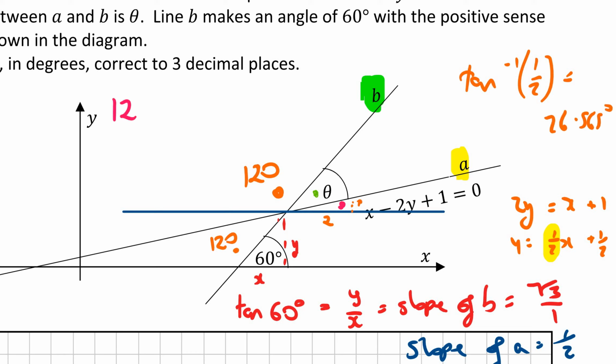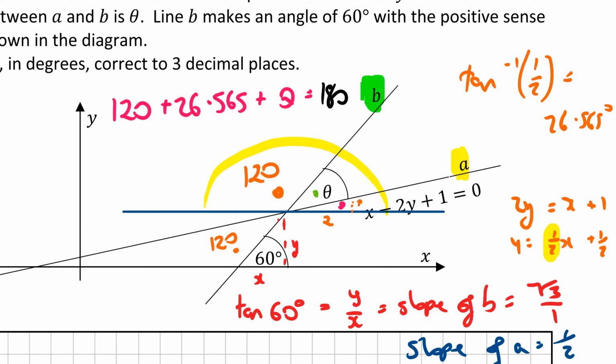So 120 plus 26.565 plus theta should give me 180 degrees. So theta then must be equal to 180 minus 120 minus 26.565, which is 33.435 degrees. Just another way of looking at it.